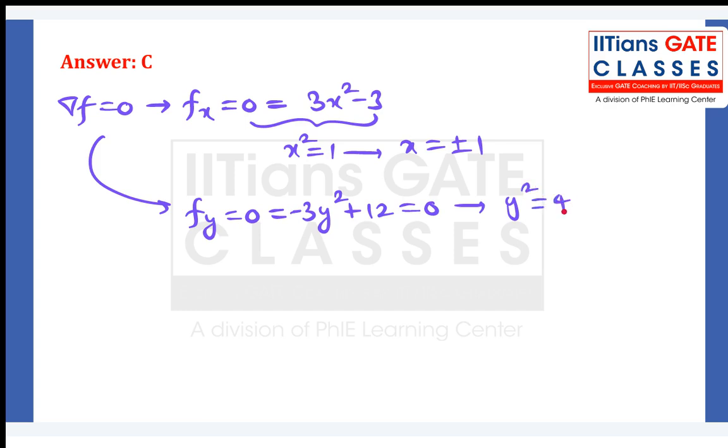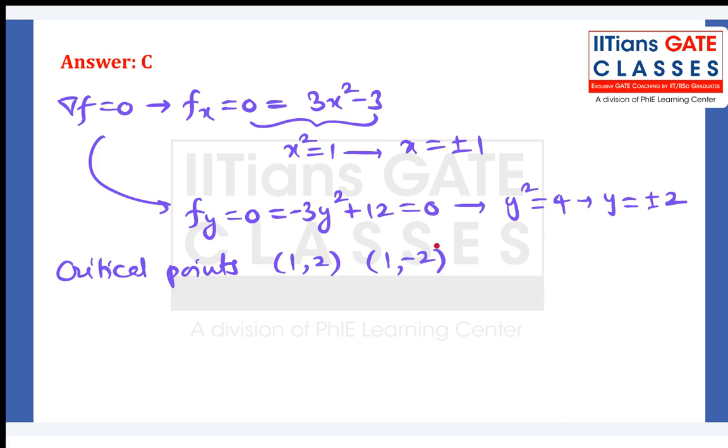That is nothing but y of plus minus 2. Okay, so again, same set of critical points you get here also. Okay, so 4 choices: 1, 2; 1, minus 2; minus 1, 2; and minus 1, minus 2.